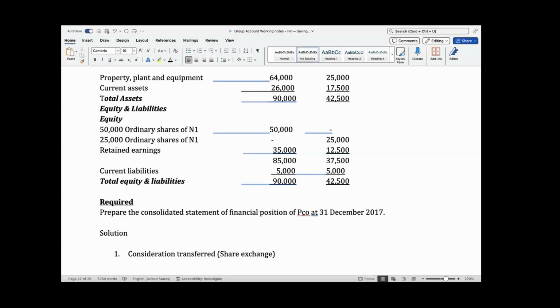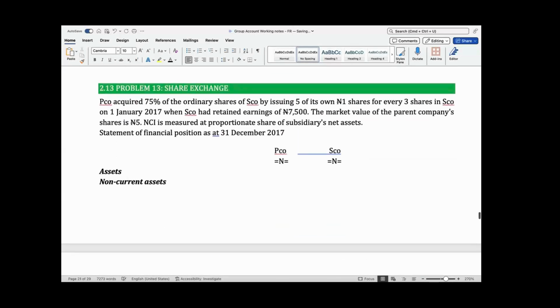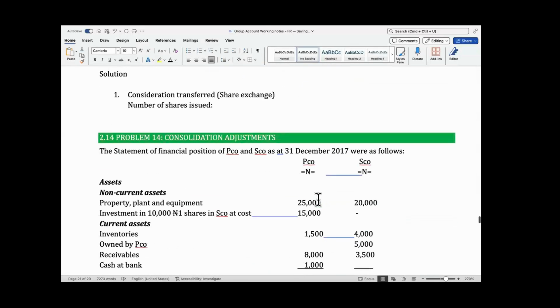The parent is going to give shares. Let's calculate the number of shares issued. It's going to give 5 for every 3 acquired.